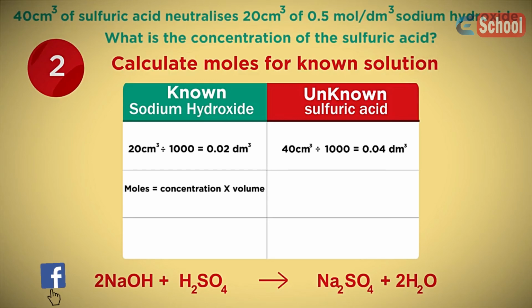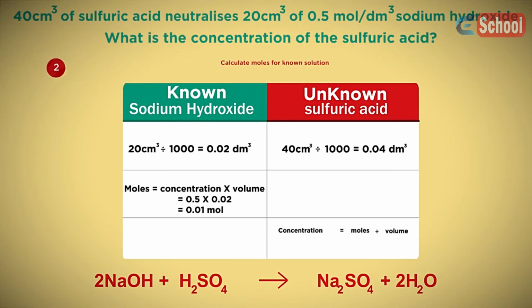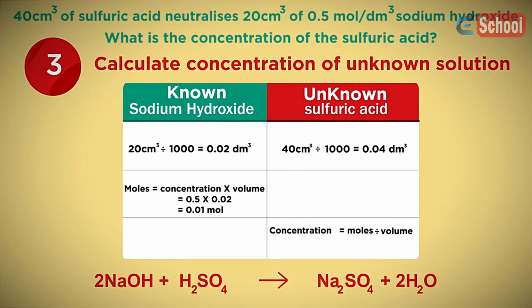The number of moles for sodium hydroxide equals 0.5 multiplied by 0.02, which equals 0.01 mole. Now calculate the concentration of the unknown solution. The concentration of the unknown solution, sulfuric acid, equals 0.01 divided by 0.04, which equals 0.25 mole per cubic decimeter.